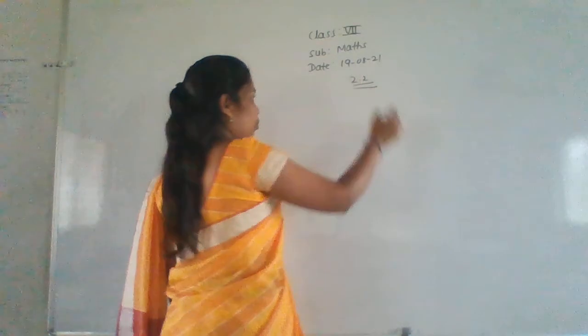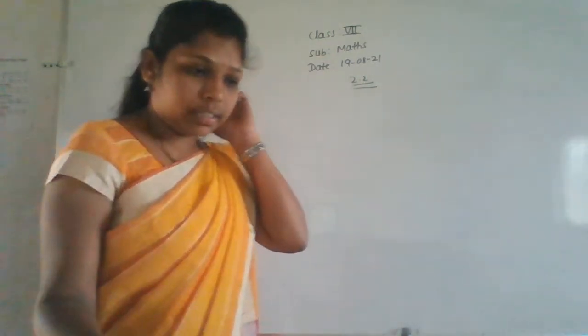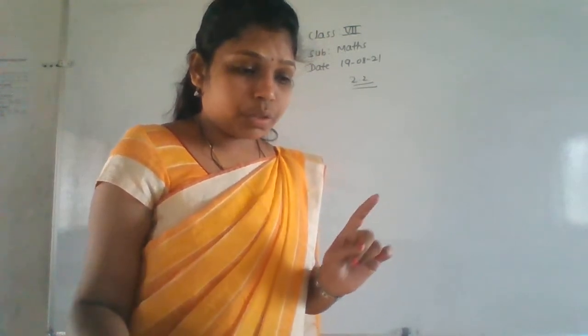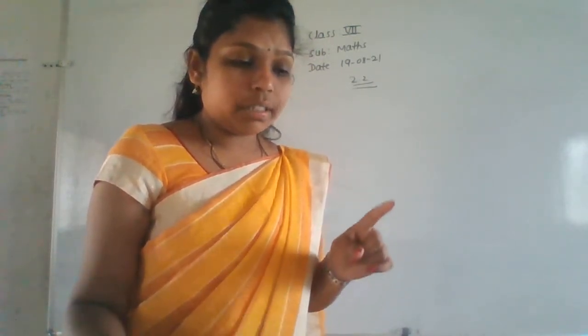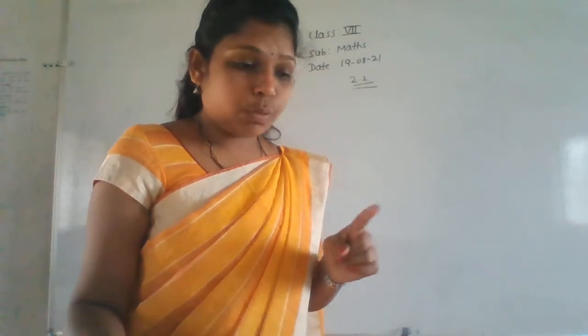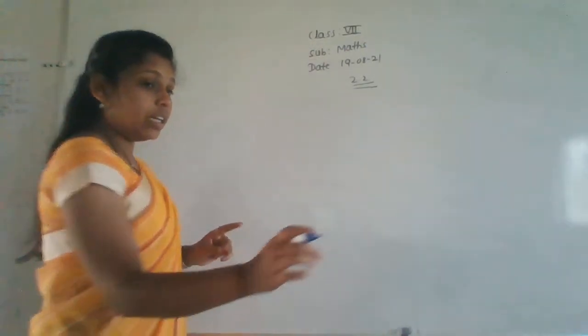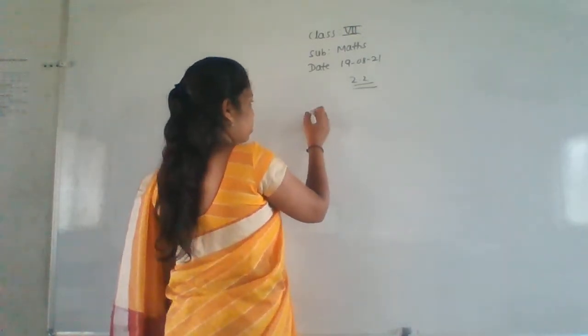2.2, that is the first one. What have they given? Evaluate. First question: 1 by 2 of A, where A is 22 by 25, and B is 5 by 7.